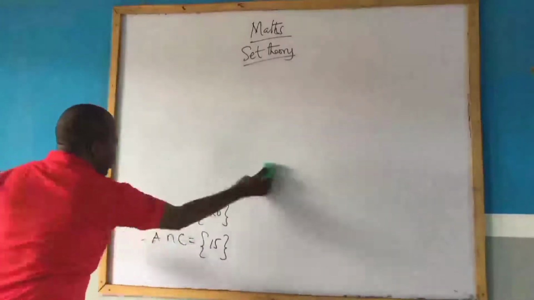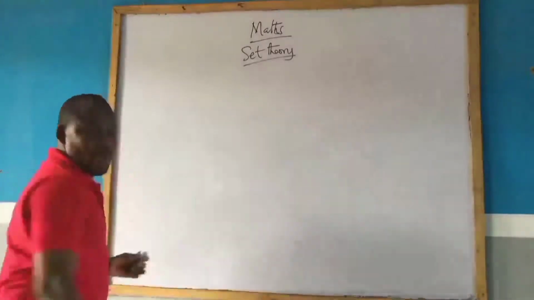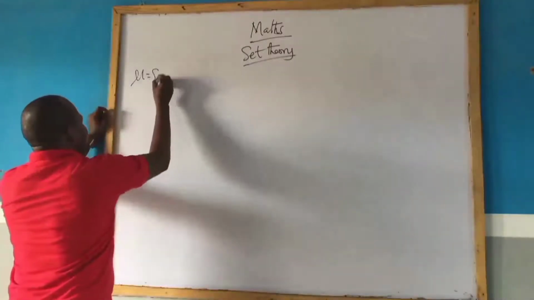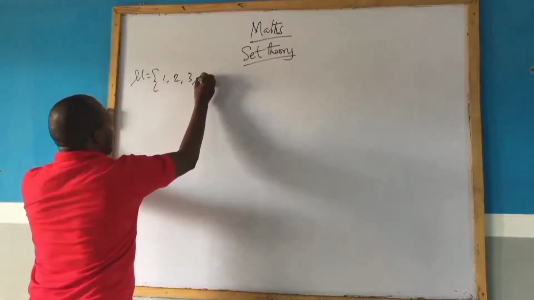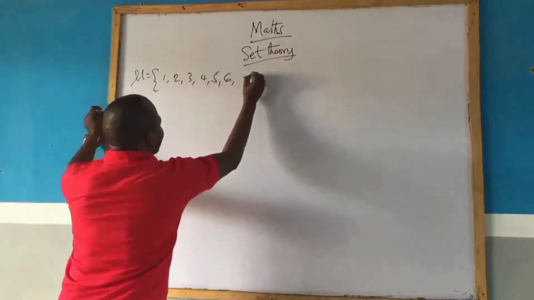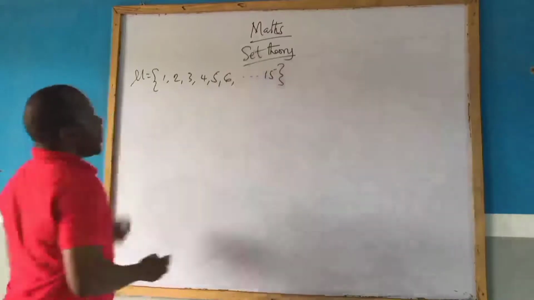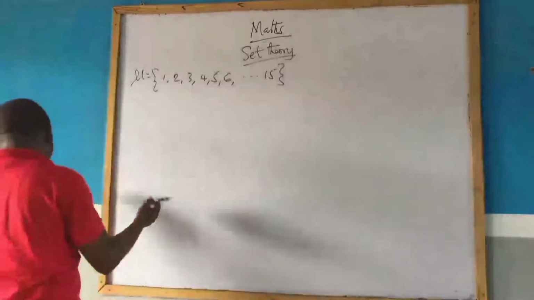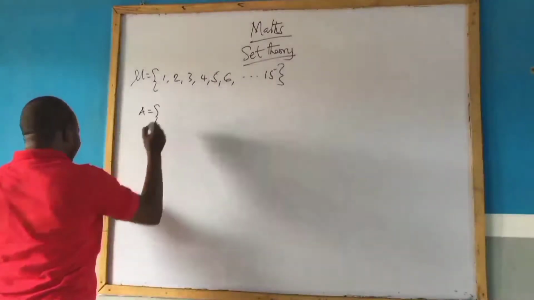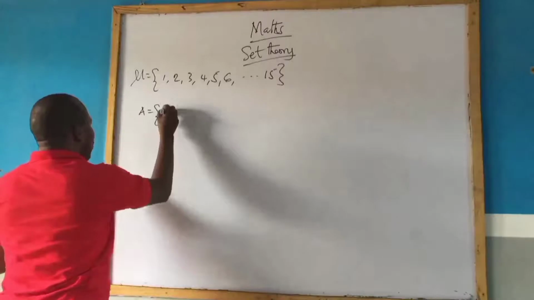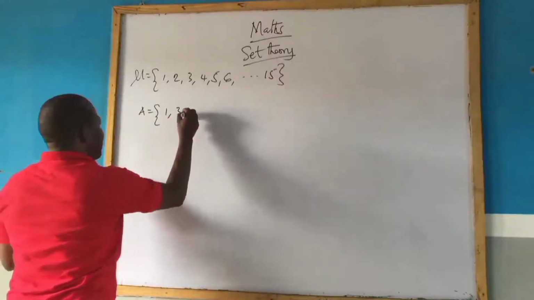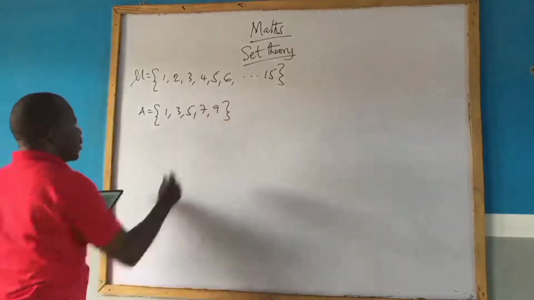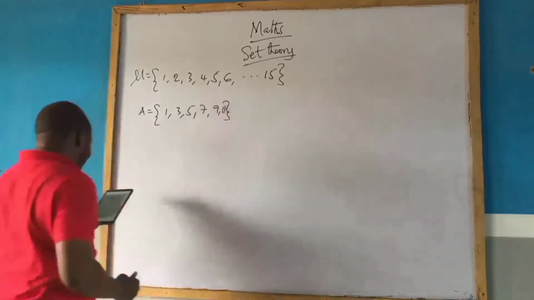Now, in this question, we were told that the universal set is 1 to 15. The universal set is 1, 2, 3, 4, 5, 6, up to 15. Then they gave us the elements in A: 1, 3, 5, 7, 9, and 11.